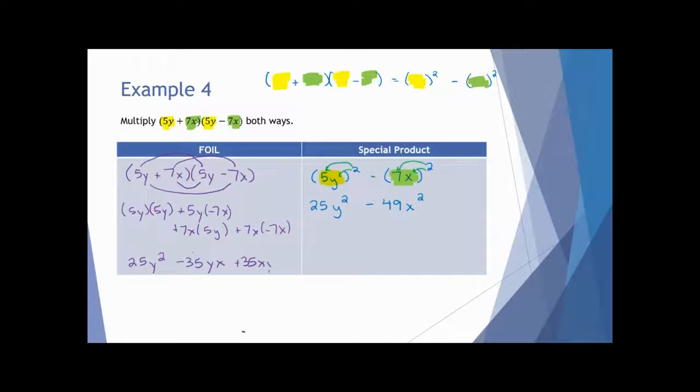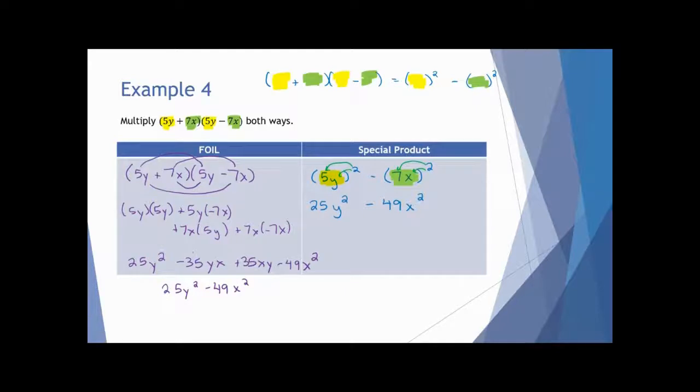And this has xy, but these are the same because they have the same variables with the same exponents; they both don't have any exponents. And then the last term, 7 times negative 7 is negative 49, and x times x is x squared. So even though I have yx and xy, the middle still cancels because those are still like terms. So you get 25y squared minus 49x squared.